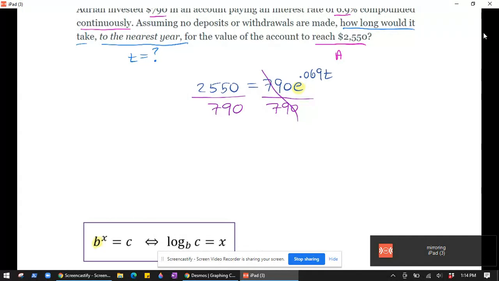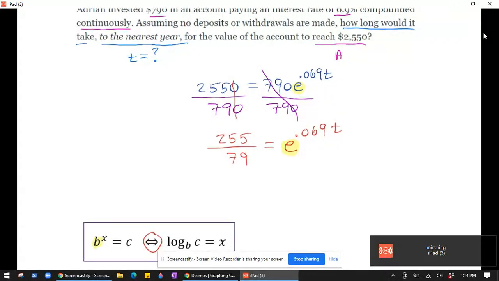Okay, again, a lot of times you can do a little canceling because these both have 0, so you can divide the top and the bottom by 10. I think I'll do that. 255 over 79 equals E to the 0.069t. So now I've isolated my base, and I can use this conversion in order to isolate the exponent.